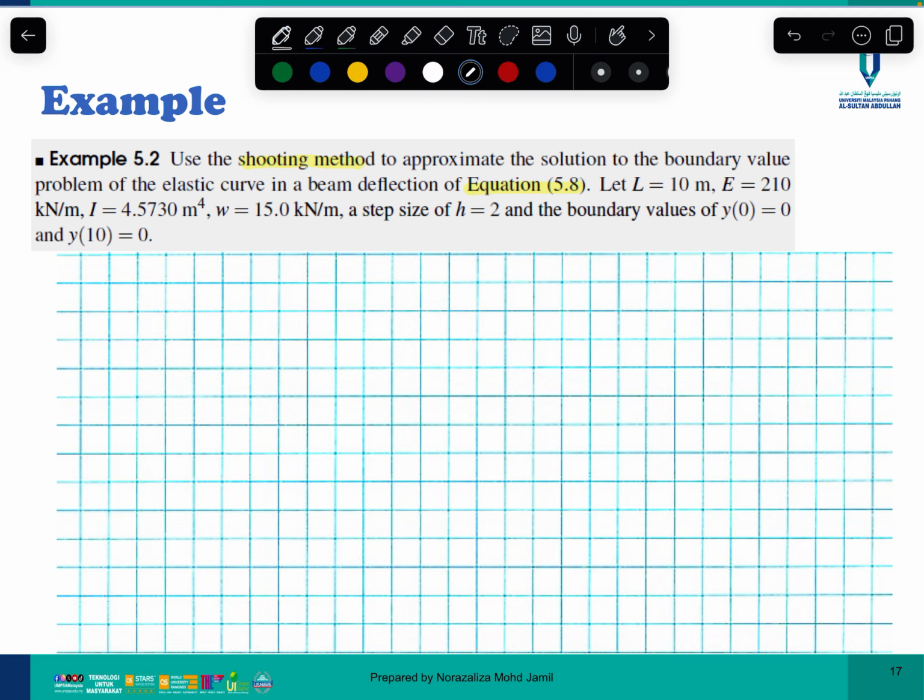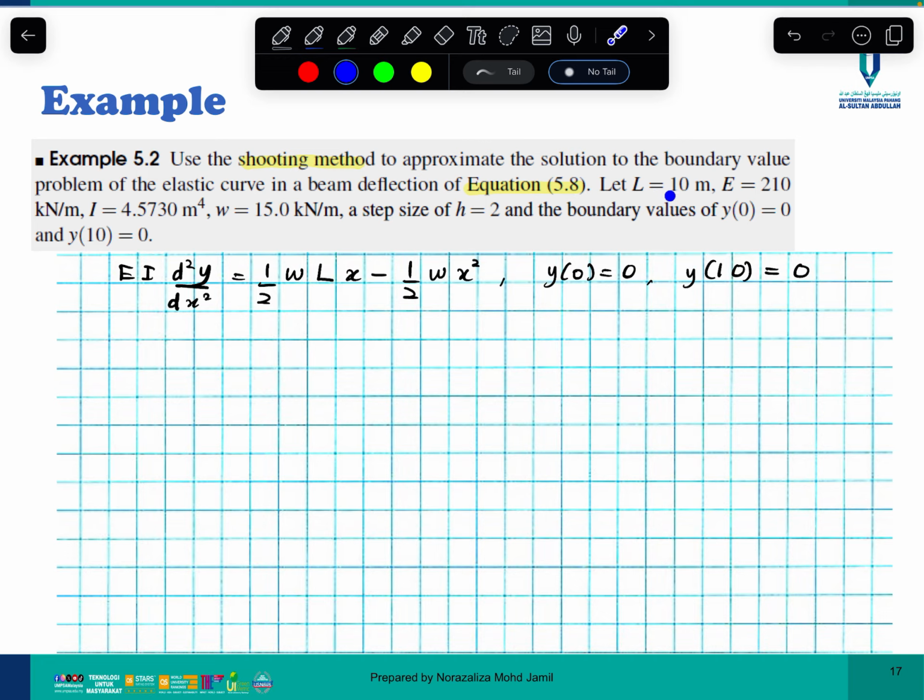So the equation is given as EI d²y/dx² equals 1/2 WLx minus 1/2 Wx², with the boundary conditions y(0) equals 0 and y(10) equals 0. Okay, so that is equation 5.8.